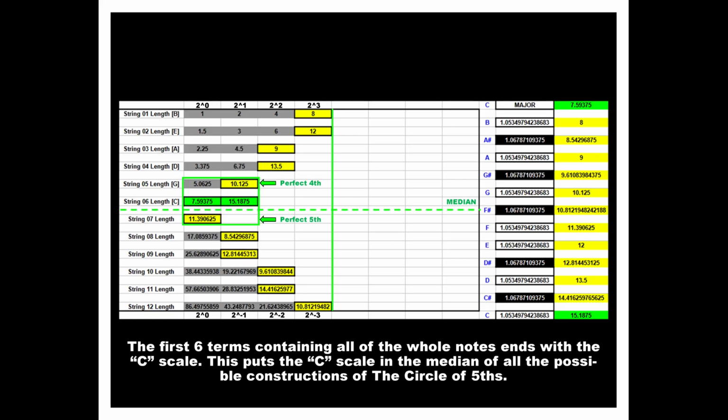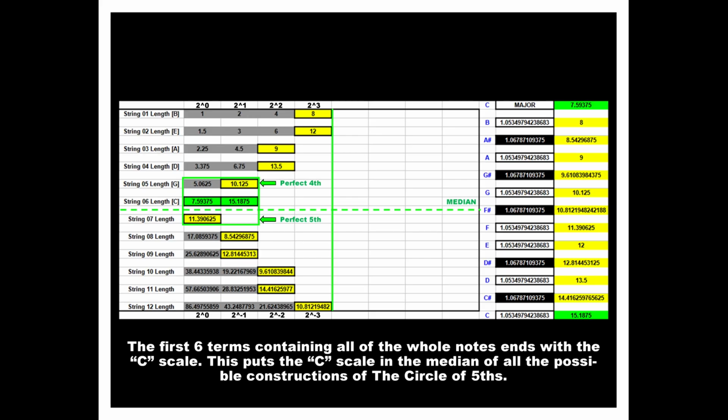So it's middle C. And what we notice about middle C there is its perfect fifth goes over the median line into sort of the next area there. So it's like a bridge in a way to the other half of the musical strings that are being created here.